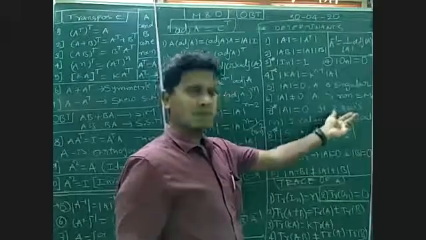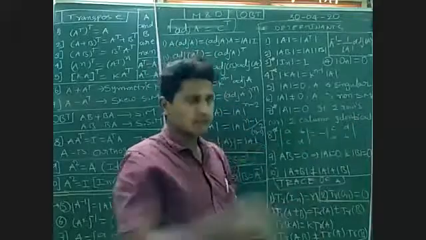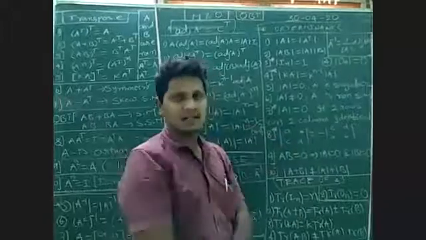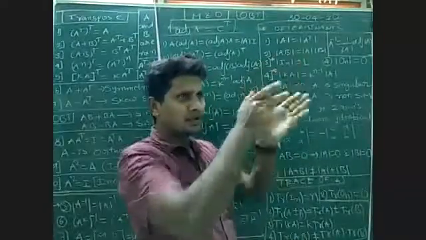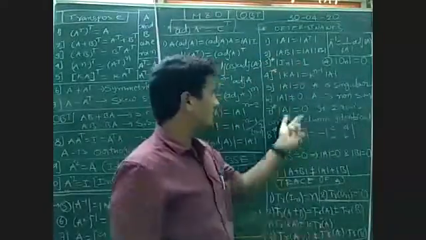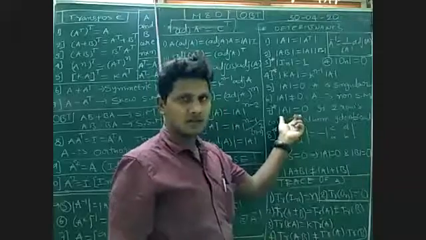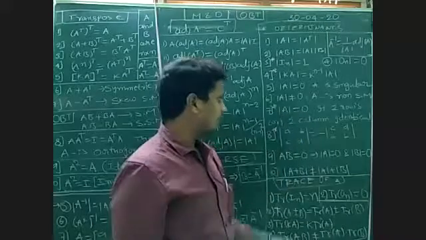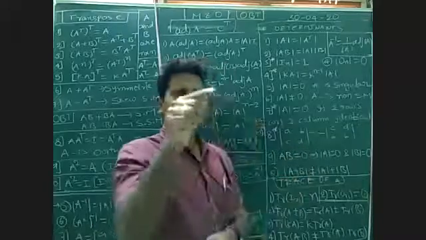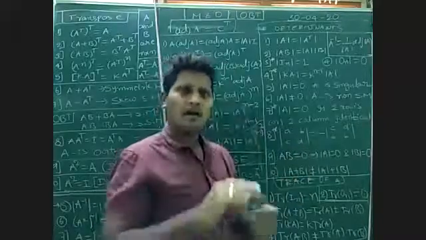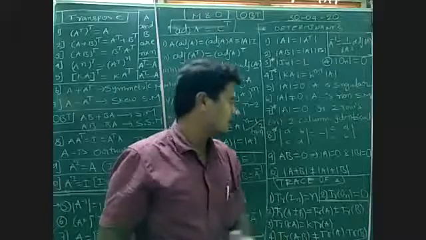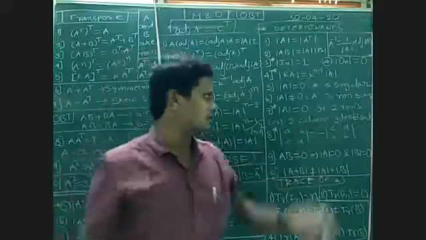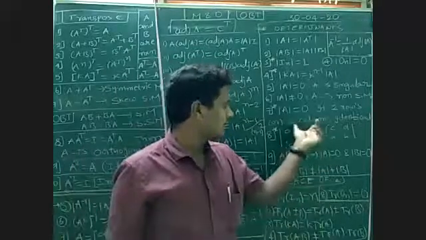If any two rows or any two columns are identical. Identical means the corresponding elements are the same, then determinant is always 0. Already we have seen that. And if one entire row or entire column has all zeros, then also the determinant value is 0.